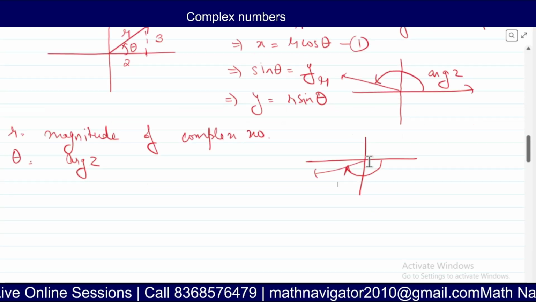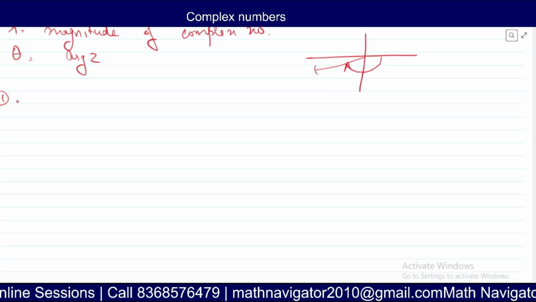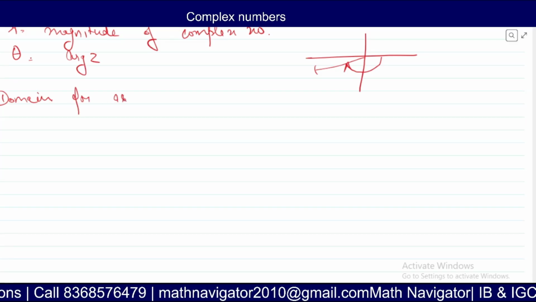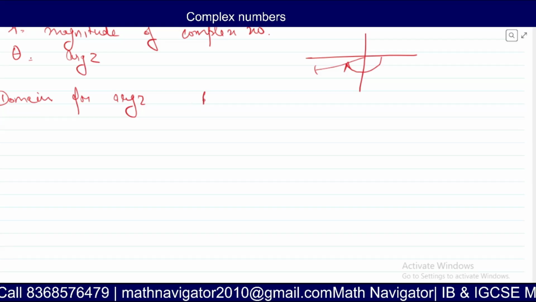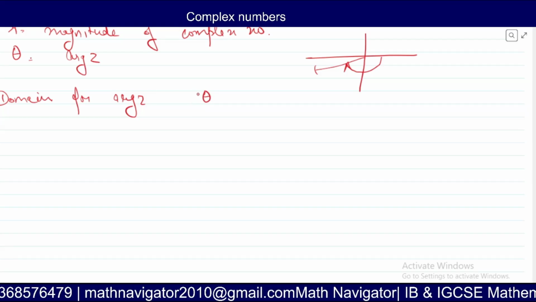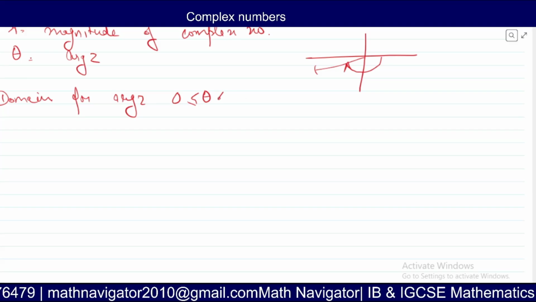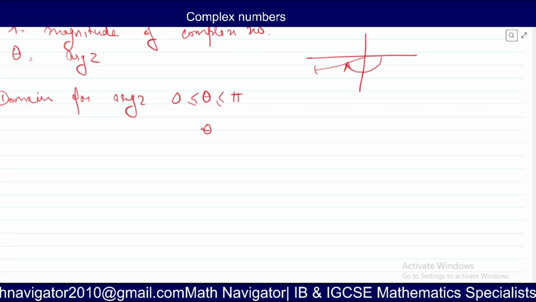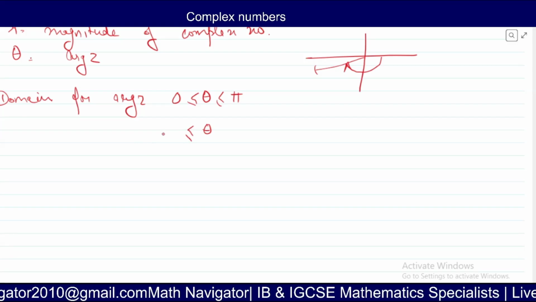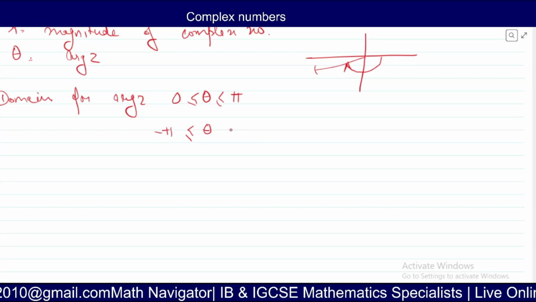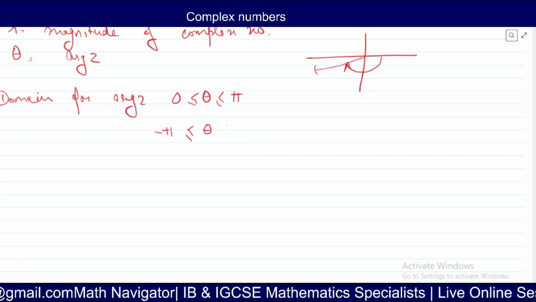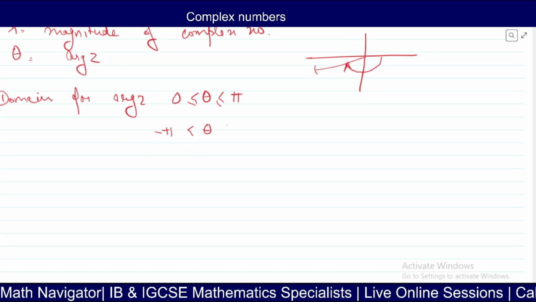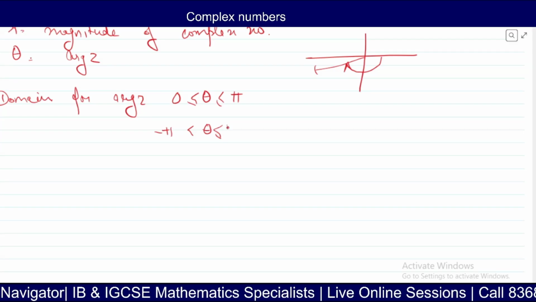Got it? So the domain for arg z: theta is greater than or equal to 0 and less than or equal to pi, and theta is greater than or equal to negative pi and less than or equal to 0.